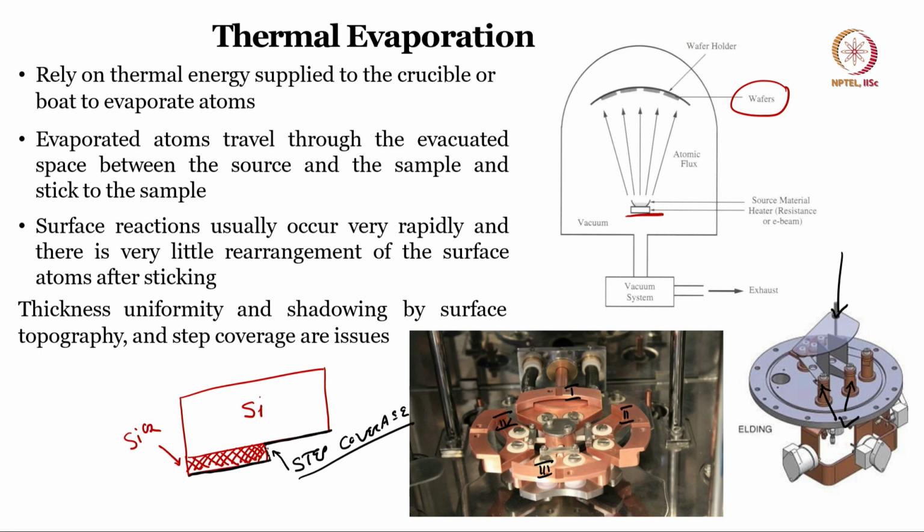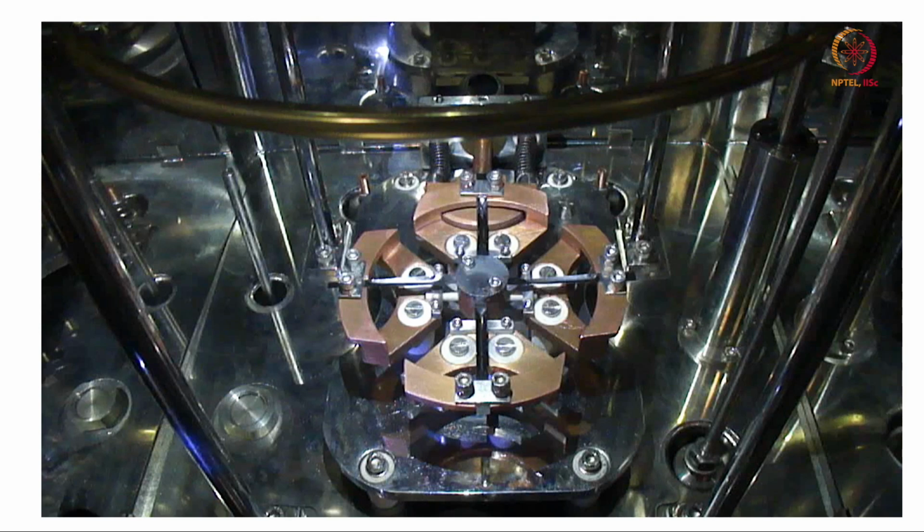So, we can have different materials or different boats loaded. This is a further zoomed in view from within the chamber, showing how a source can be loaded between these 2 electrodes, between these 2 electrodes, between these 2 electrodes and between these 2 electrodes.